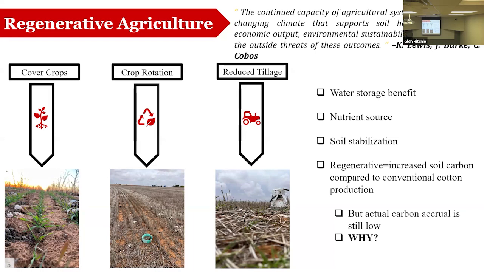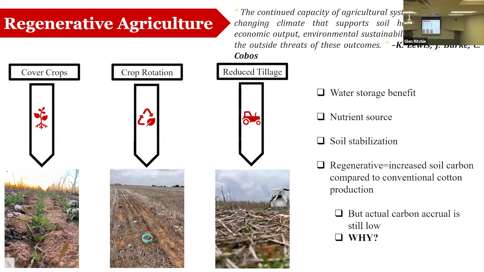And specifically, some of those practices in our region that we utilize to obtain those outcomes are going to be cover crops, crop rotation, and reduced tillage. All three of these production practices come with some sort of benefit, whether it be water storage, providing a nutrient source, or better managing our nutrient sources, and soil stabilization.